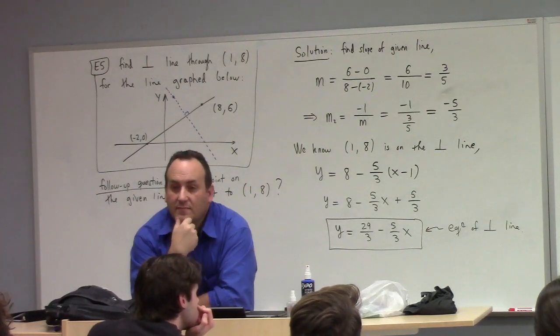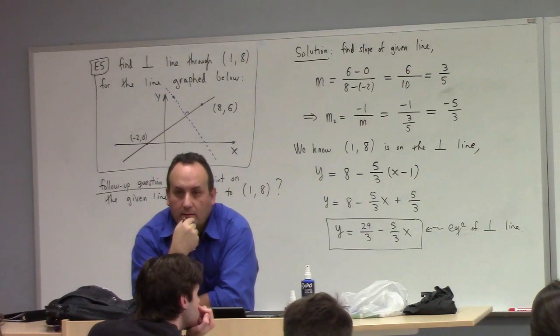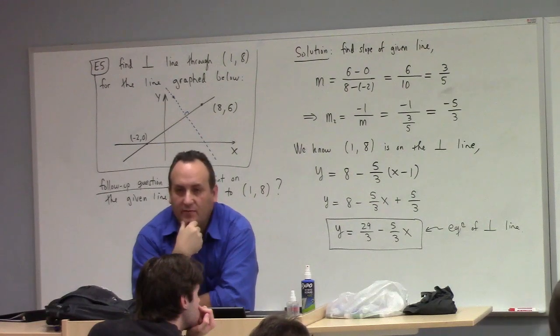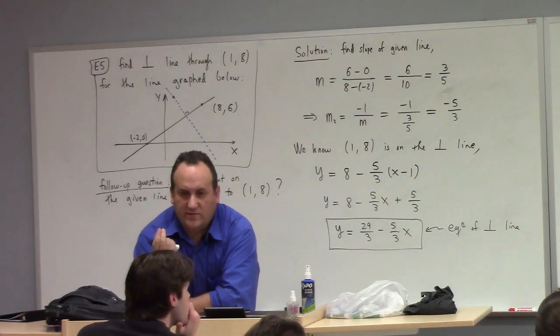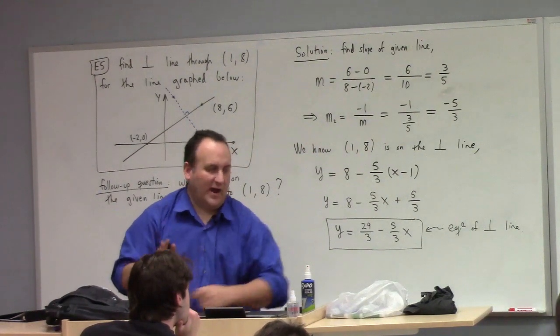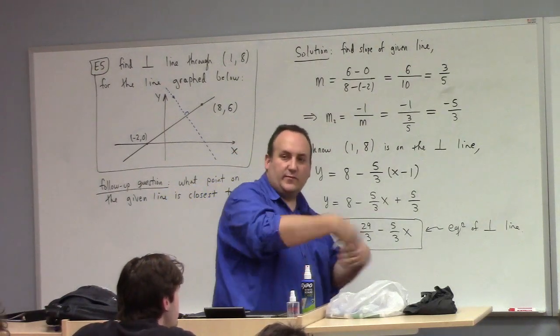Is it like when y equals a certain number and x equals a certain number? Yeah. I mean, there should be a point which is closest. My question is, how far is the point from the line? What do we mean by that? Because there's more than one point on the line.